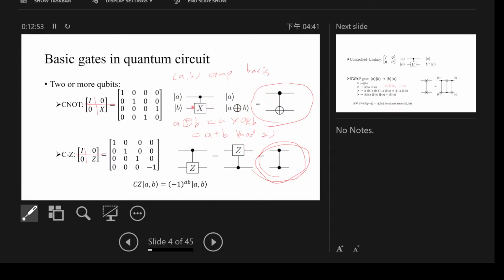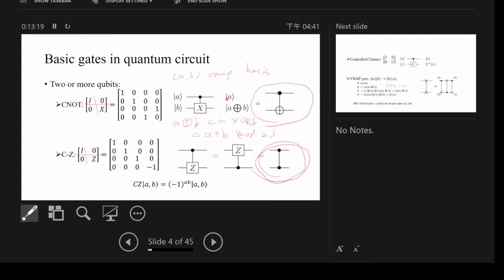Okay, so B will become B plus A, and this circle plus here means XOR. Okay. So A plus B means A XOR B, and this means A plus B mod 2. Okay. So these are some notations. I guess we didn't define them before, we just define them here. Okay. And what does this mean?